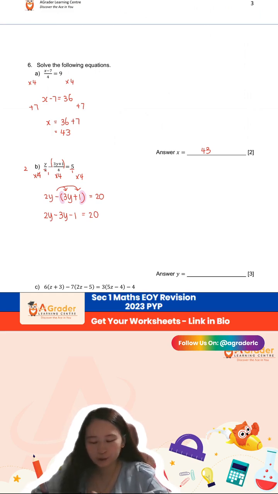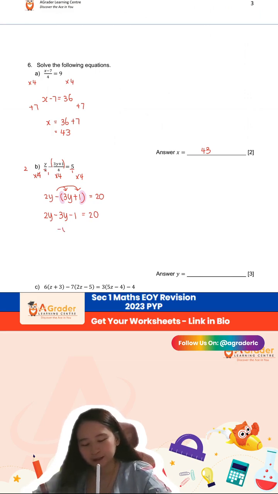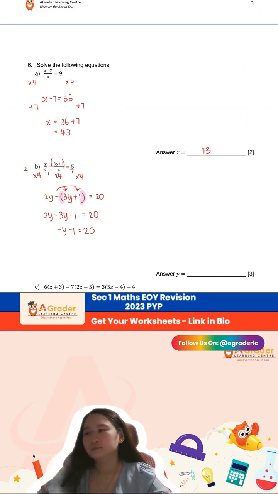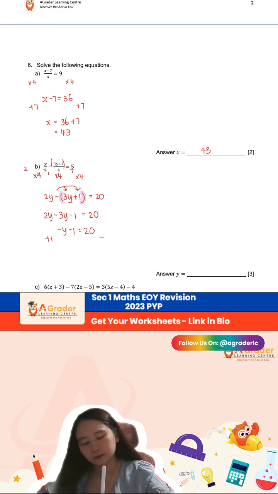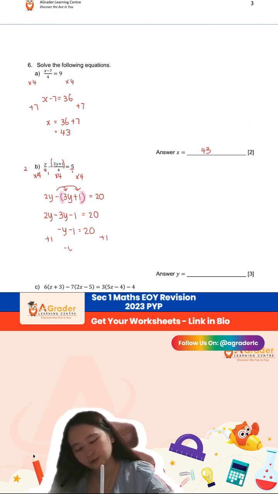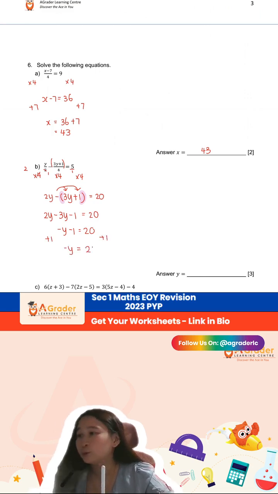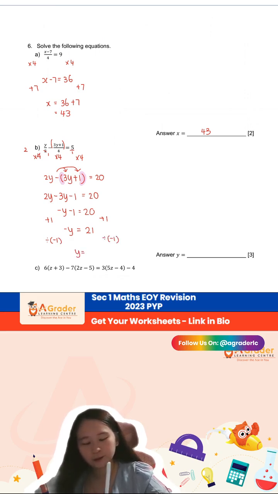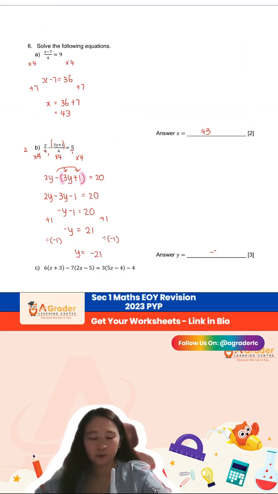So 2y minus 3y, I subtract the like terms, I'm left with negative y minus 1 equals to 20. Then I plus 1 on both sides, left with negative y equals to 21. Then I divide by negative 1 to find y. So 21 divided by -1 is -21.